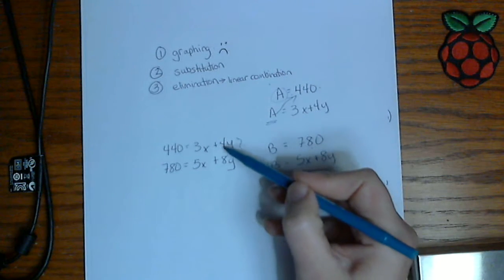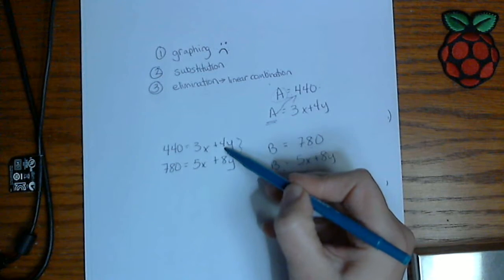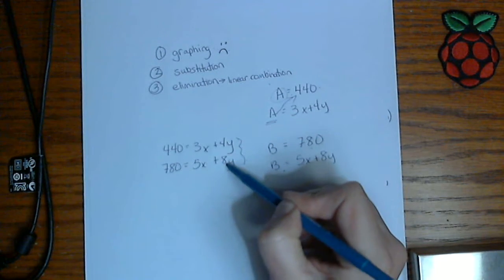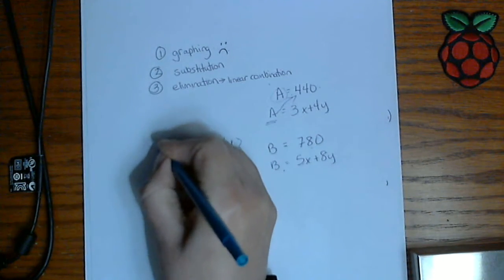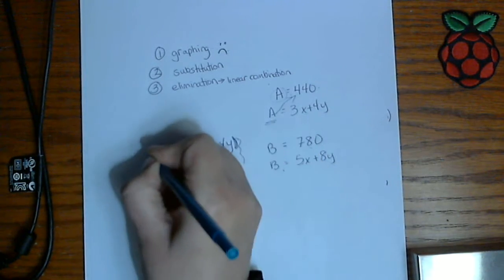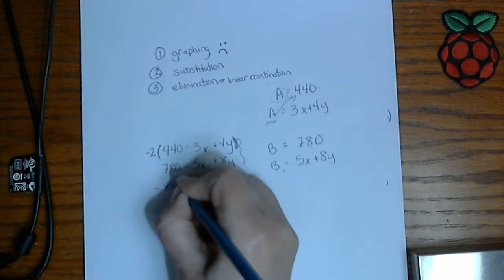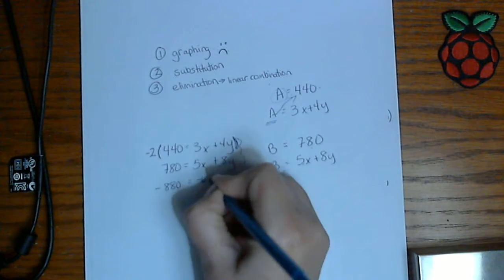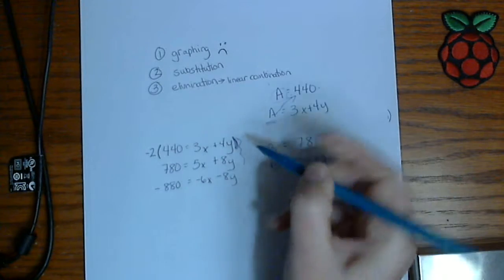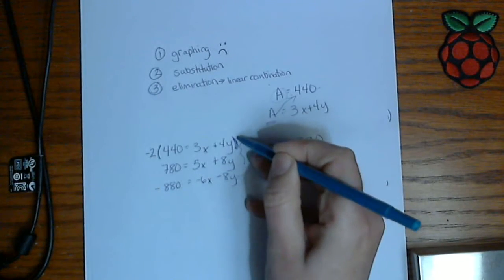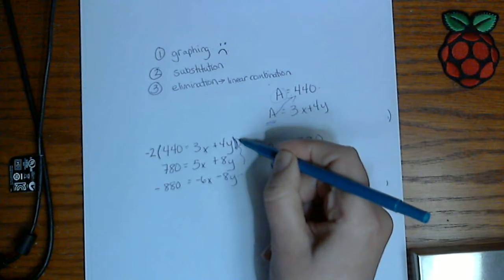So if I look right here, I can see that I've got 4y, and in the other equation I have 8y. So if I multiply this top equation by -2, I will get -880 equals -6x minus 8y. Now this equation means exactly the same as the top equation.